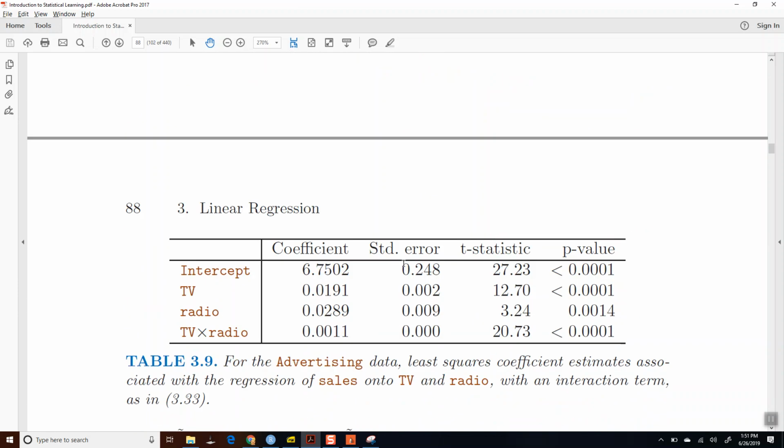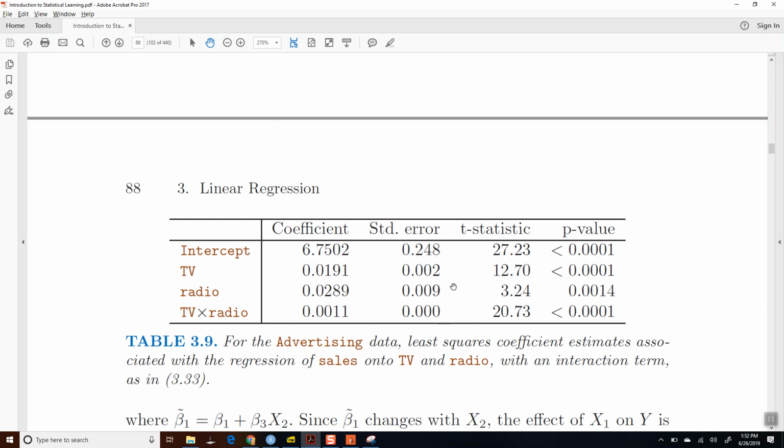Here, it's not a huge effect, but it is significant. We're looking at the effect of TV and radio, and it turns out that more TV spending increases sales, more radio spending increases sales, and TV and radio also seem to be working together.